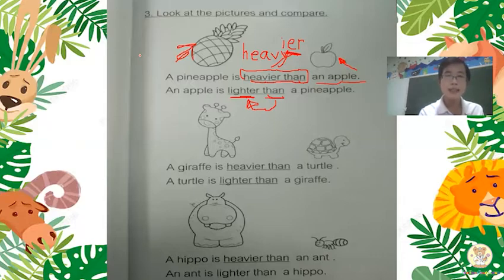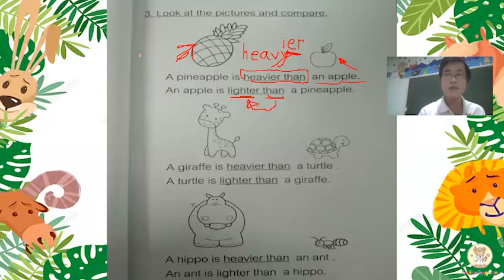So you can understand that a hippo has an extremely large body as well, while an ant is a very, very small animal, or we can say the smallest animal in the world. That's why they use the word heavier than to describe how big a hippo is, and lighter than to describe how small an ant is.